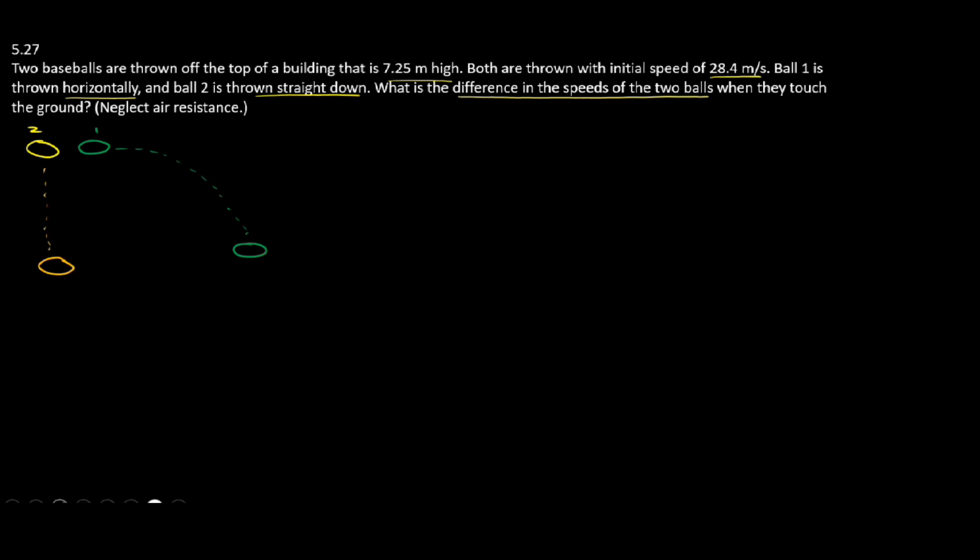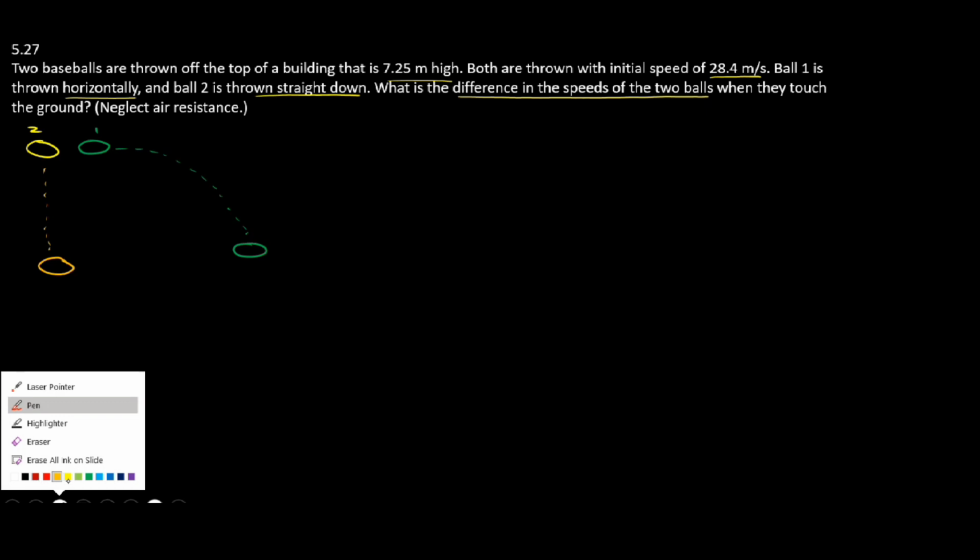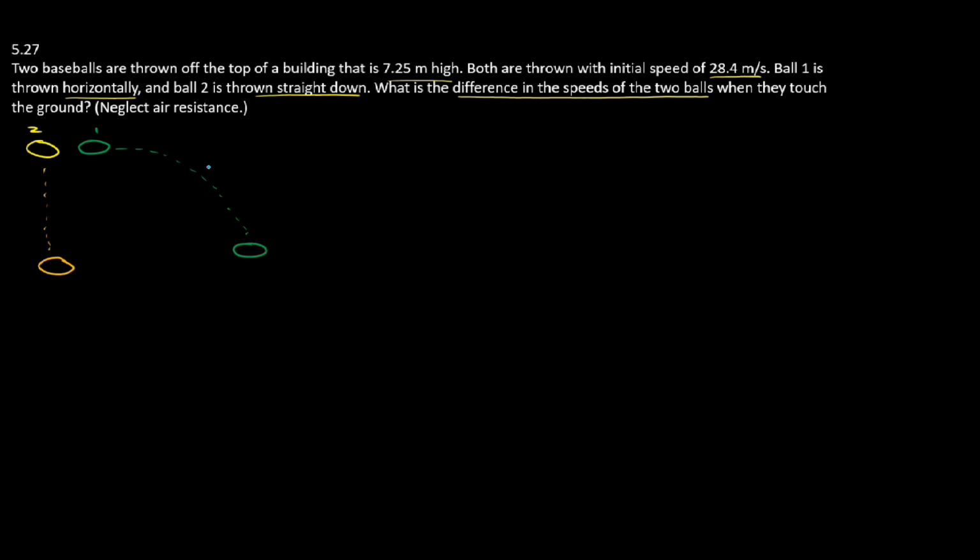Now, since the two balls are thrown with the same speed, their initial kinetic energy will be the same because they both have the same initial speed. So the initial kinetic energy of ball 1 has to be equal to the initial kinetic energy of ball 2.